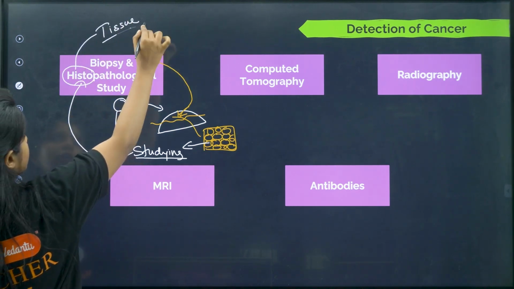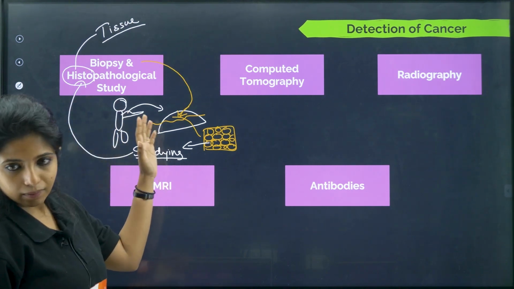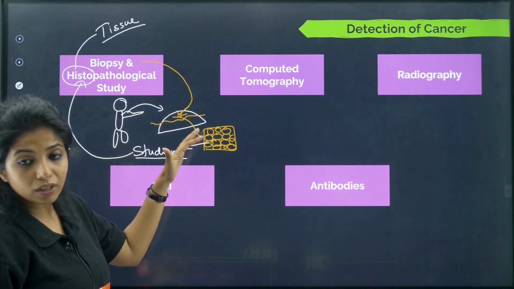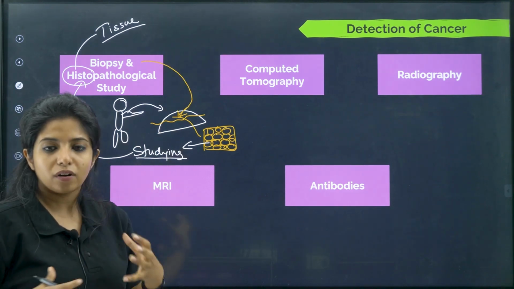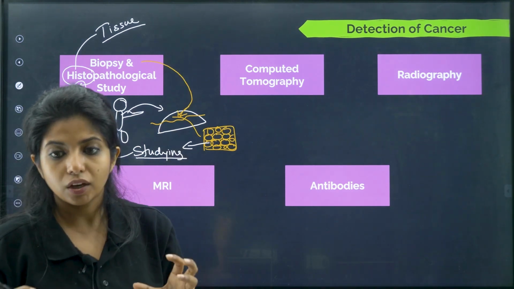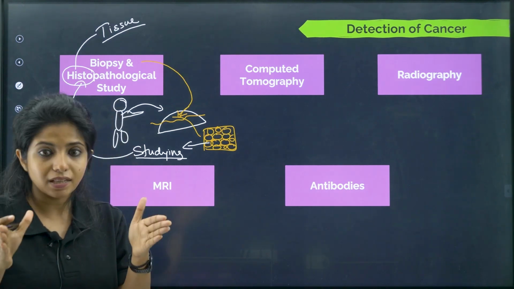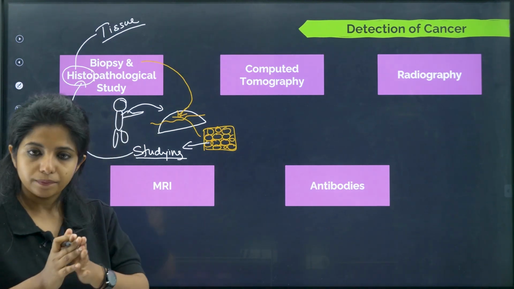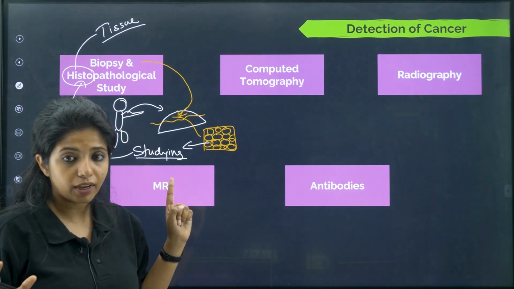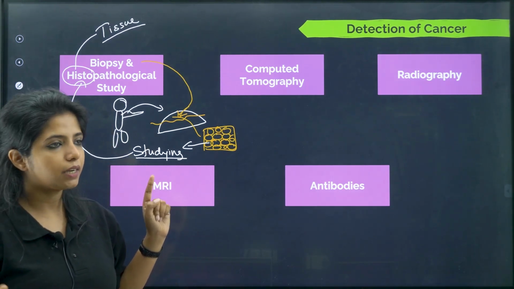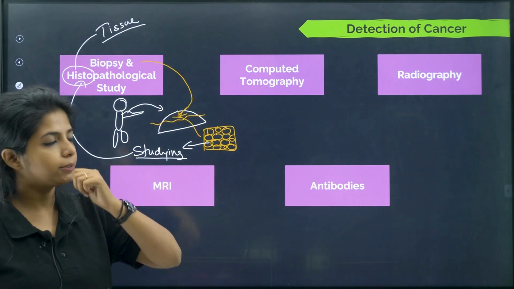Pathological study means you are studying it fully in the laboratory. So biopsy is done, and then you are doing histopathological studies. You're seeing whether the cells are just growing rapidly, not stopping. You're checking for the cells' behavior. This is one way to detect, and you know what the features of cancer cells are that could be seen very evidently. If you do not know, do not worry, I have a question for that also. We will be talking about that.